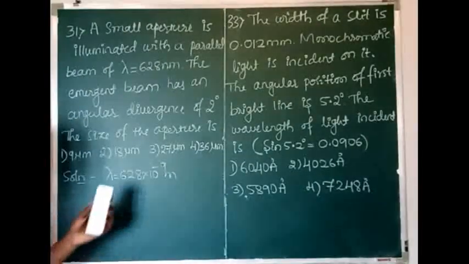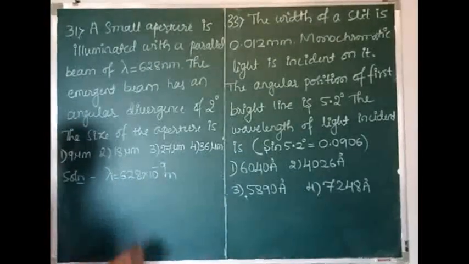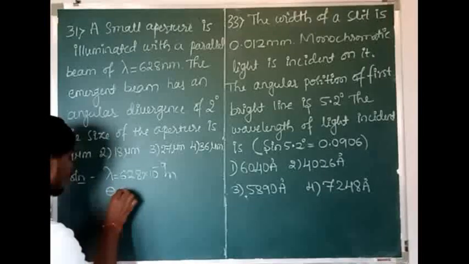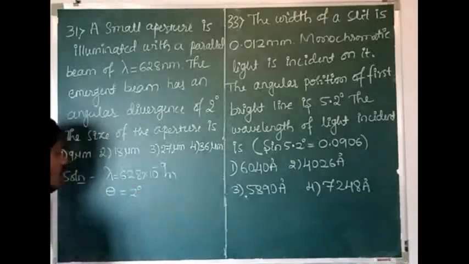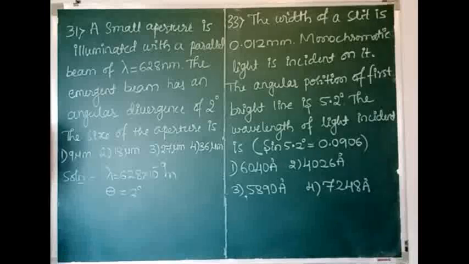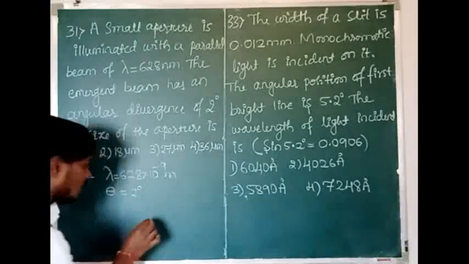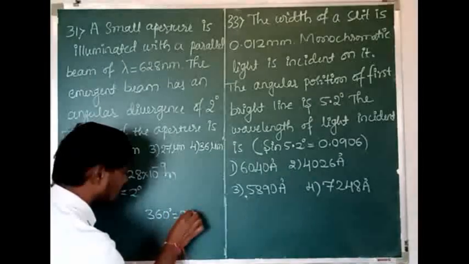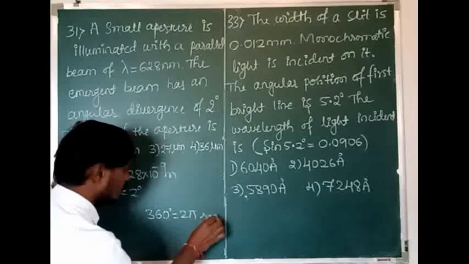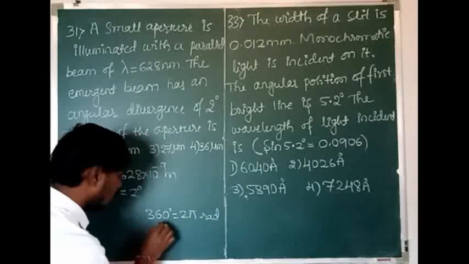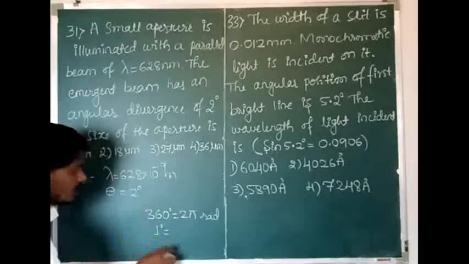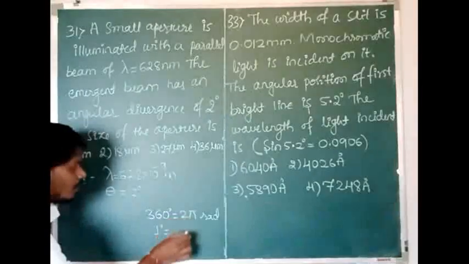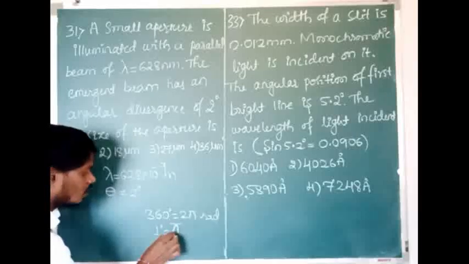Nanometer means 10 to the power of minus 9 meter. Then angular divergence is given, that is 2 degree. Convert this to radian. So 1 degree means how many radian? Listen, 360 degree is nothing but 2 pi radian. Then 1 degree is nothing but, I will take this 360 to the right hand side, that is 2 pi by 360, that is pi by 180 radian.